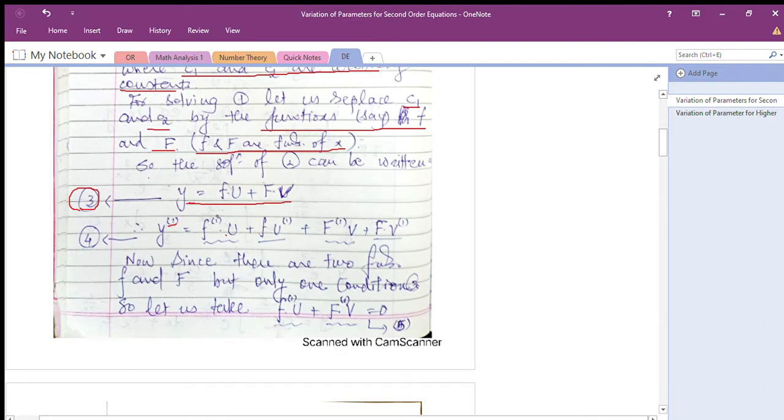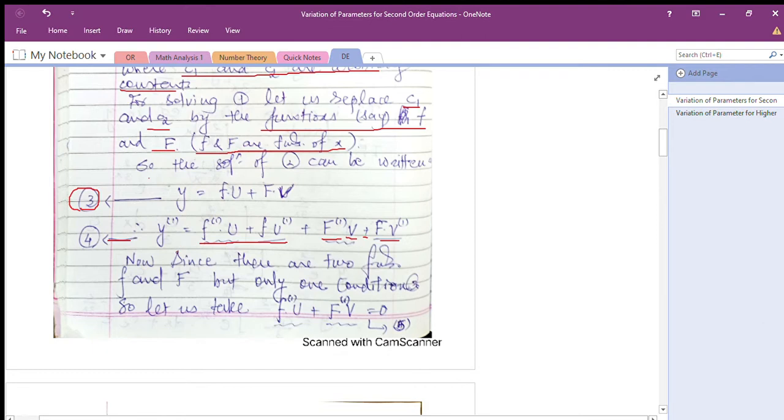Using the differentiation rule for the product of two functions, the derivative of f u is f' u + f u', and the derivative of F v is F' v + F v'. So y' will look like this. Let me call it number 4.